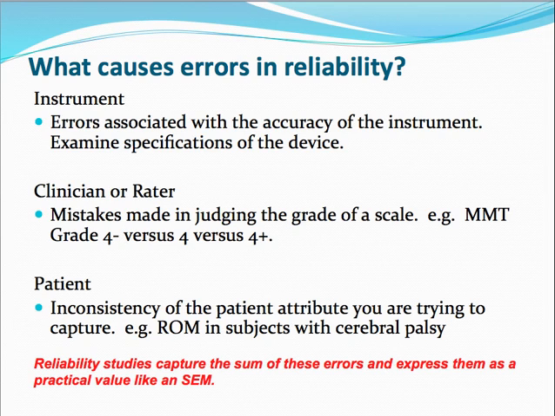Another example is cerebral palsy and range of motion, where people with neurologic deficits oftentimes have wide-ranging range of motion at different times of the day. And so irrespective of how well you place the goniometer or how well you execute the range of motion test, the patient themselves might vary significantly and result in an error between sessions.